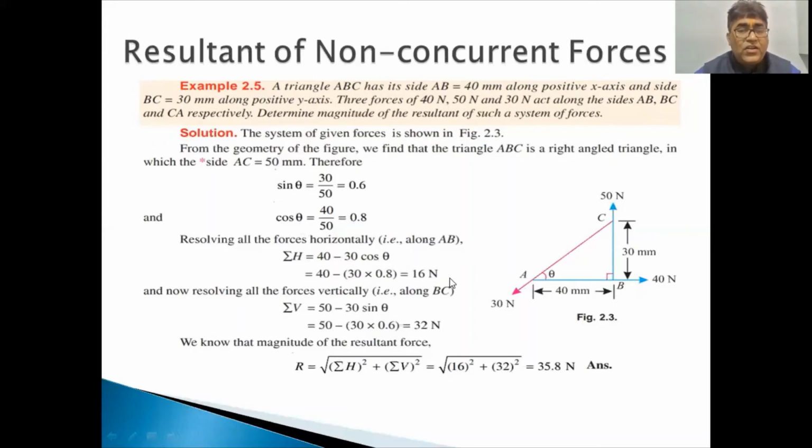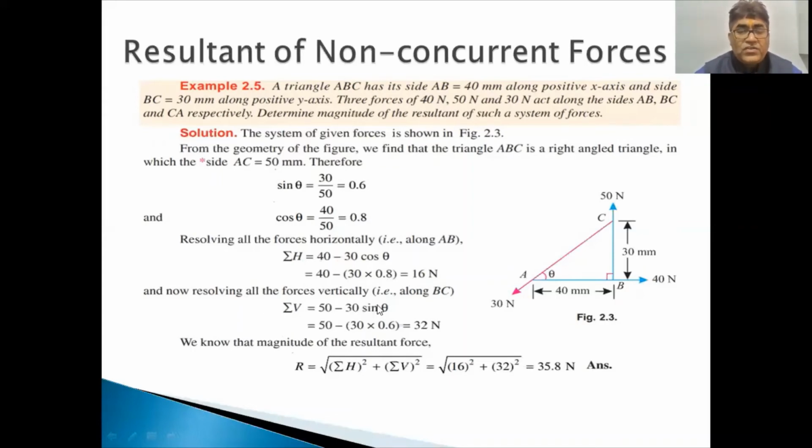Therefore its horizontal component will be 30 cos theta, and since it acts left-hand side, it is negative. Solving, we get 40 minus 30 times cos theta, that is 0.8, which is equal to 16 Newton. So the horizontal component of all forces is 16 Newton, and since the value is positive, it is towards the right-hand side, the positive x direction.